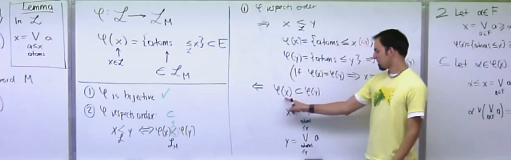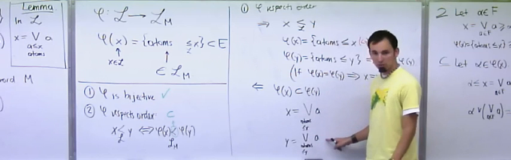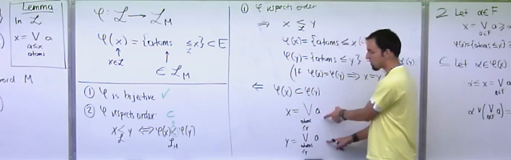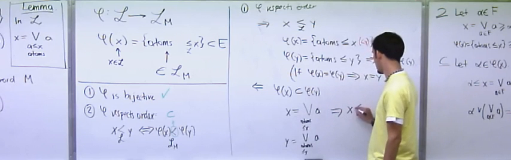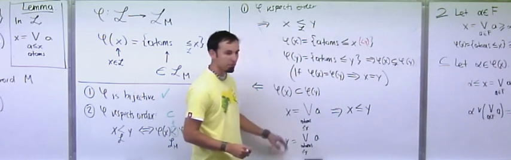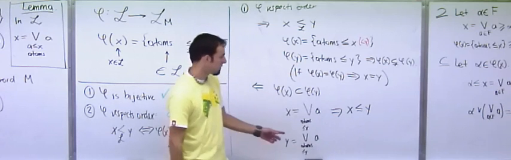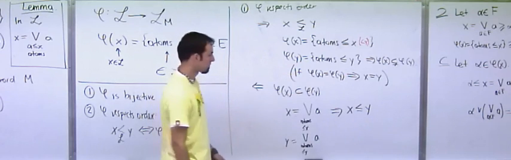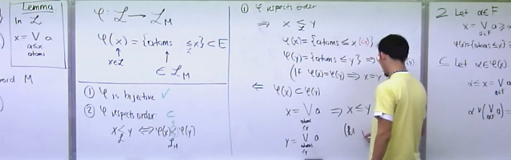What this is saying is that the atoms that appear in this join are included in the atoms that appear in this join. So in this join, I'm just taking the join that I had already and joining more things to it. So therefore, x is going to be less than or equal to y because this join is bigger than this one. How do I know that I don't have equality? Again, if x was equal to y, then phi of x would be equal to phi of y, but clearly x is not equal to y.